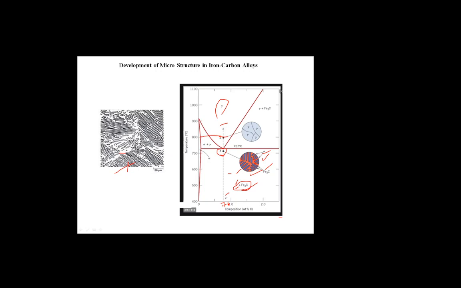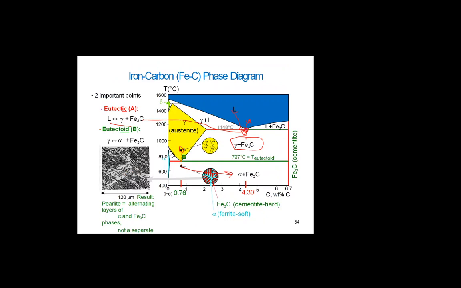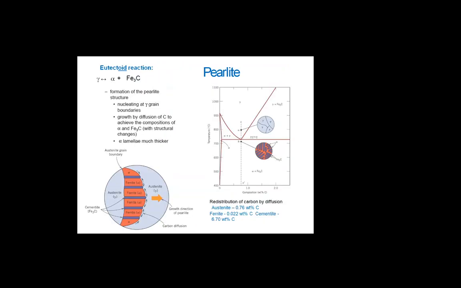The phase transformation requires a redistribution of the carbon by diffusion. This is the transformation that we talked about.